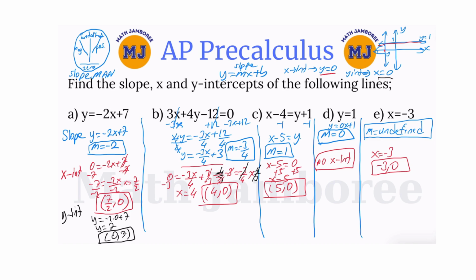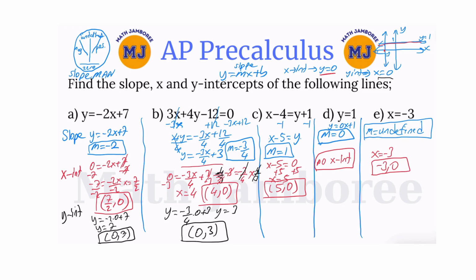Over here, we're just going to give 0 to x, y equals -3 over 4 times 0 plus 3. This cancels out and y becomes 3. So our y-intercept is (0, 3).